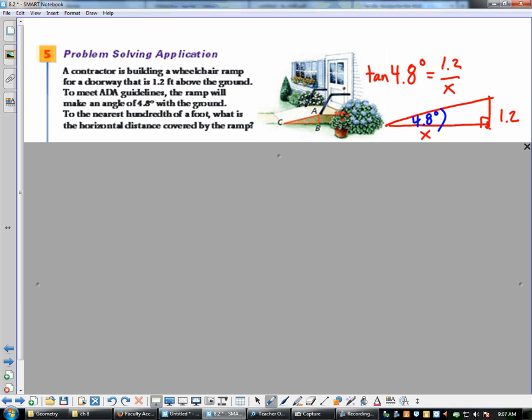Would you all please take a moment to solve this equation? We've done a few like this already. You're going to get a decimal approximation for tangent of 4.8 degrees. I would think of that as being whatever that decimal is over 1, and then I would cross multiply.